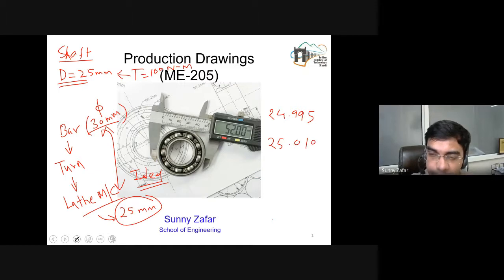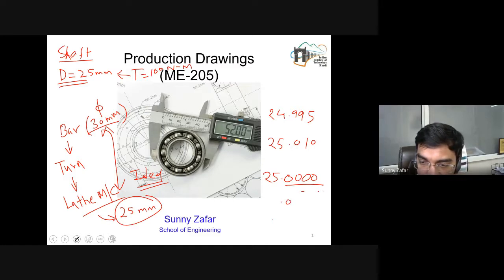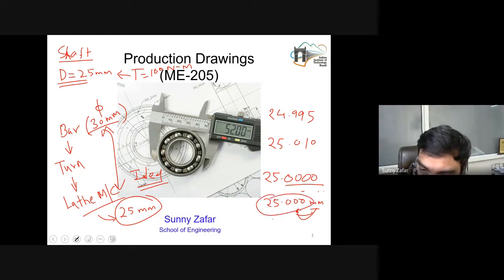Okay, but it is very, very hard to get 25.00000 every time. From an engineering perspective, generally three places after the decimal are considered. It is already in millimeters, so we are looking at microns, or micrometers.